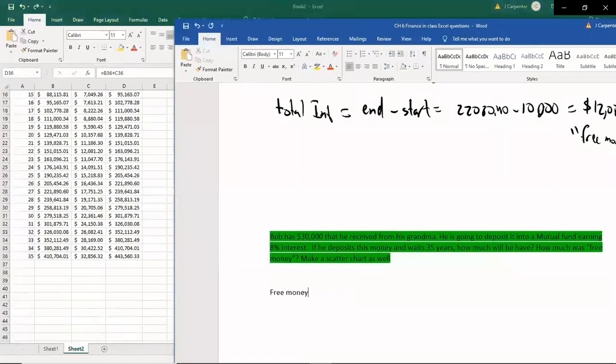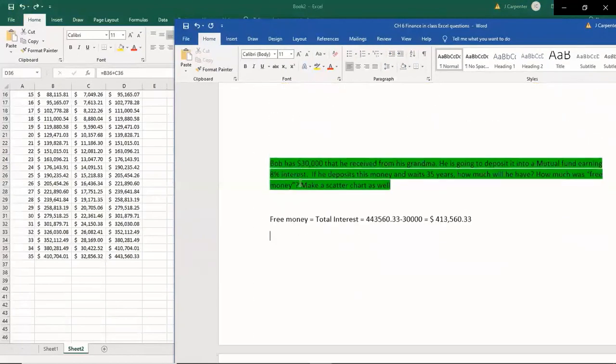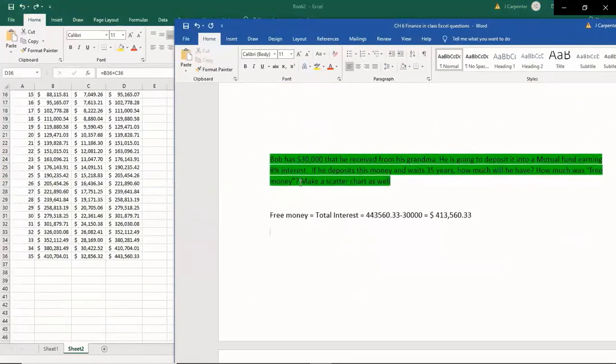The free money is the total interest, which is 443,560.33 minus what we put in, which is 30,000. I should have dollar symbols everywhere, but just go with it for now. 413,560.33. That's the free money we got. Pretty nice for just putting $30,000 away and not touching it for 35 years.